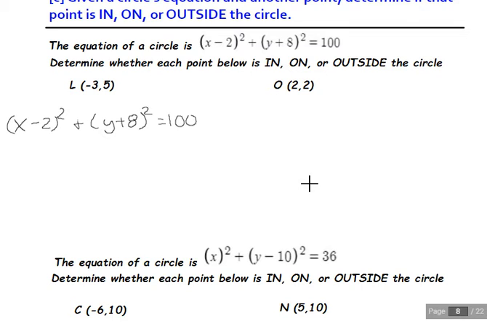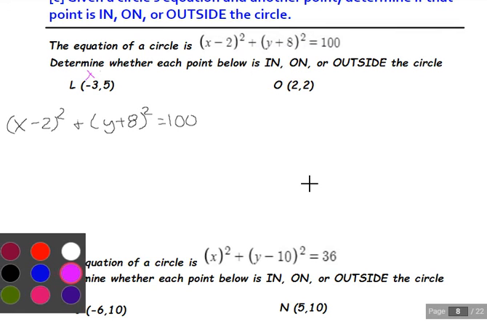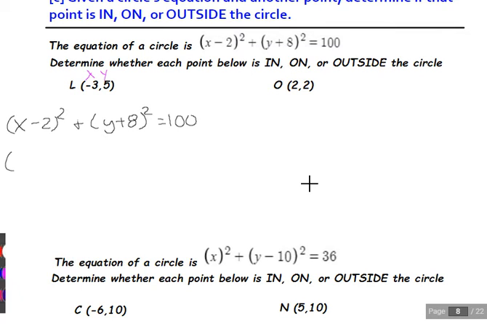Okay, you know what we're going to substitute. Okay, so we'll substitute that -3 for the x and the 5 for the y. So I'll be -5 squared.